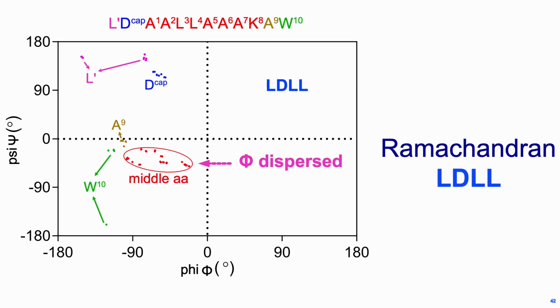So when we're looking at the peptide with an ASX motif and a hydrophobic triangle, the middle amino acids were dispersed in terms of the phi angle. But in the BAM, the cap system, the phi angle was more constrained.